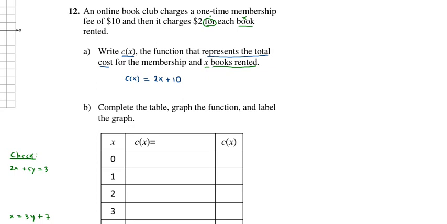In this case, we have our slope, which is 2. It represents the cost for renting each book, and the y-intercept represents the one-time membership fee, and the function C of x, the complete function, represents the total cost. So slope: cost for renting one book.